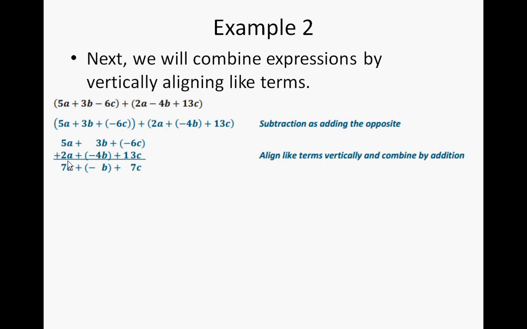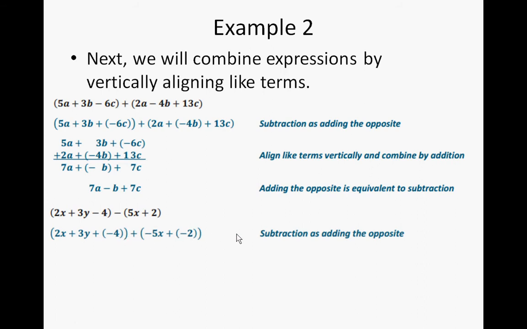Put our a's together, our b's together, and our c's together, draw a line to add these, and then work vertically. 5 plus 2 is 7a, 3 plus negative 4 is negative 1b, so we drop the 1, and negative 6 and positive 13 is 7c. So our expression would be 7a minus b, because again, taking the opposite, turning addition back into subtraction, plus 7c.